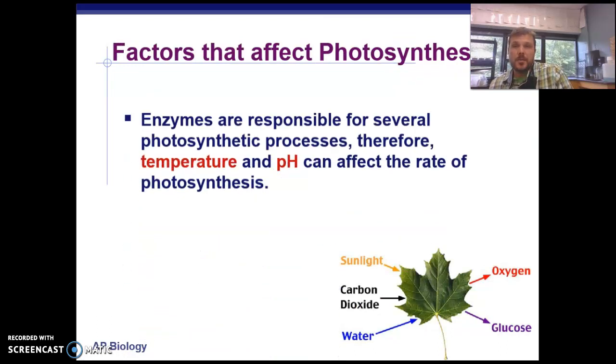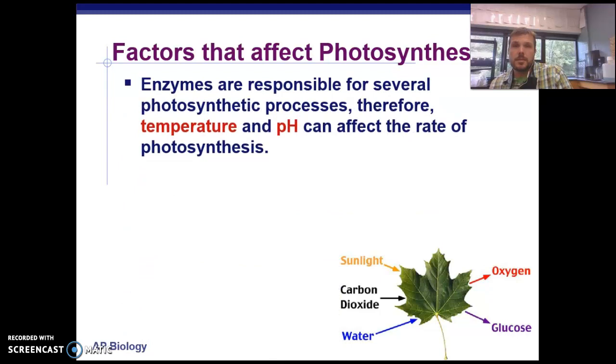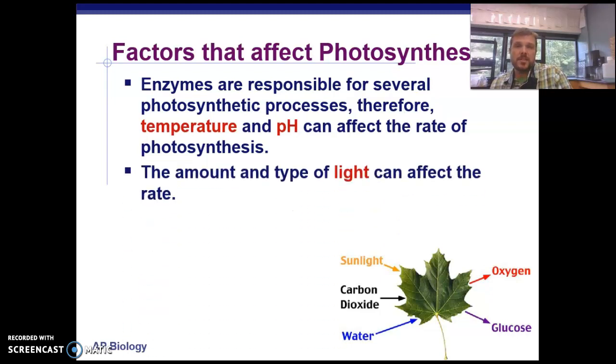Lots of factors affect photosynthesis. Because enzymes are really important to the entire process, they drive the whole thing. That means that anything that affects enzymes will affect the rate of photosynthesis. So, for example, as the temperature gets colder, enzymatic action tends to slow down. Also, raising or lowering the pH can drastically affect the rate of photosynthesis or any enzyme-driven process.